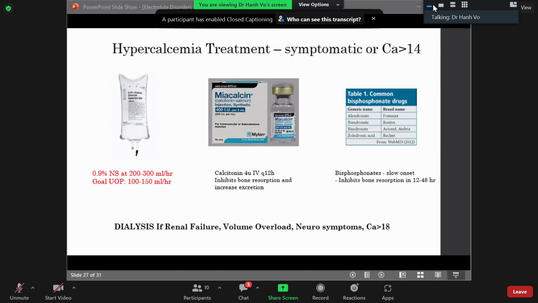In the patient with hypercalcemia of malignancy, bisphosphonate should be considered after fluid resuscitation. And if the symptoms do not decrease, maybe we should consult nephrology for emergency hemodialysis.